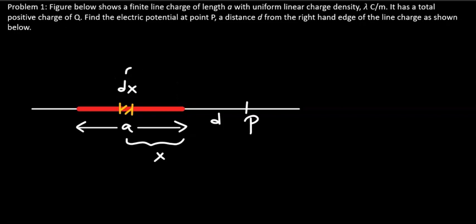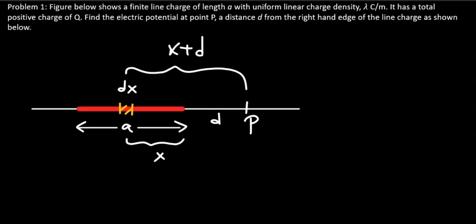So the total distance from the point of observation, the point at which we want to calculate the electric potential, would be x plus d. So this is the distance between that little segment and the point of observation.